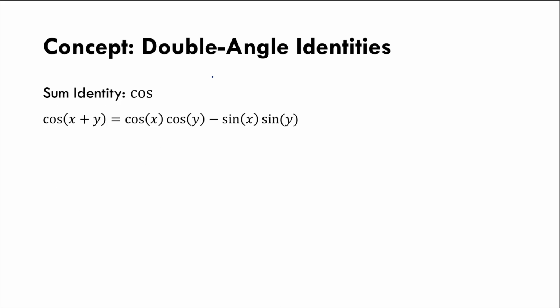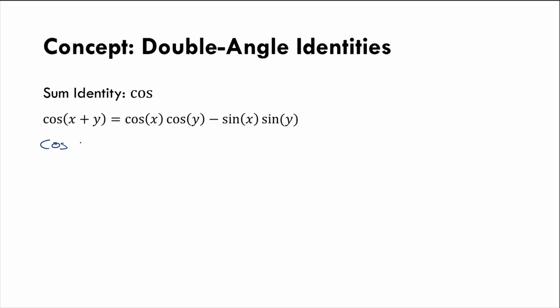This first concept is our double angle identities. These are derived from our sum identities. Our sum identity here is cosine of x plus y equals cosine of x times cosine of y minus sine of x times sine of y. For our double angle identities, we're going to let both x and y equal theta.